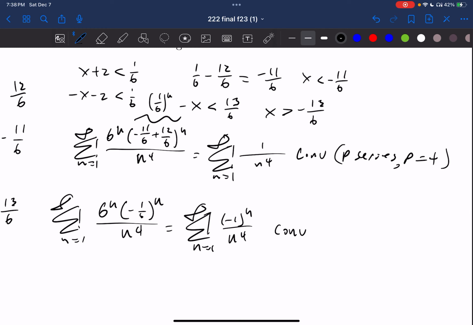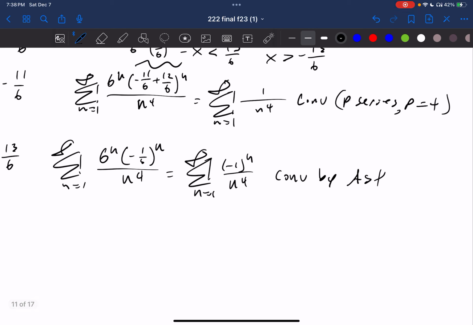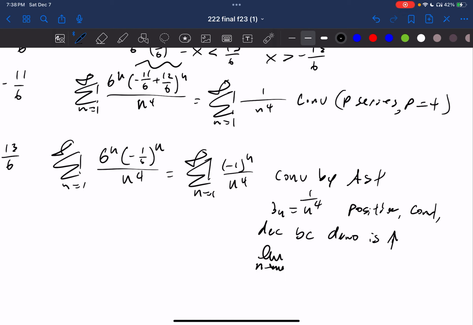This will be convergent by the alternating series test, and since we're doing the alternating series test, we need to check the conditions. b of n will be equal to 1 over n to the fourth power. We have to say it's positive and continuous and decreasing because the denominator is increasing, and the limit as n goes to infinity of b of n, which is the limit as n goes to infinity of 1 over n to the fourth power, will be equal to 0.